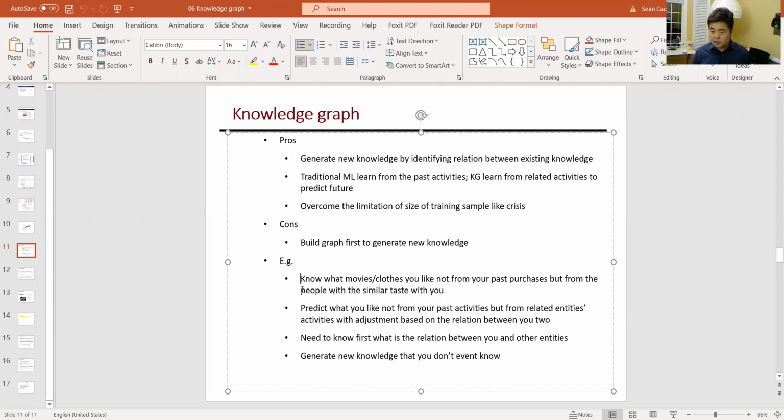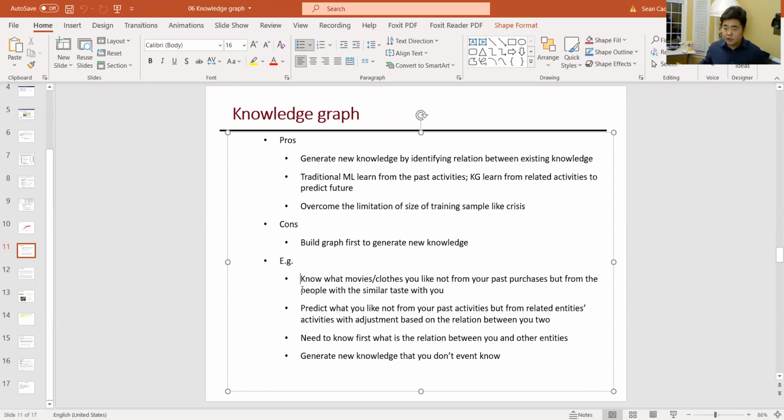So the logic here, like I explained to you, is that Netflix has to find someone who has a similar movie taste to me, and the movies that person rated highly will be the recommendation for me. Does it make sense? That's the beauty of the knowledge graph.